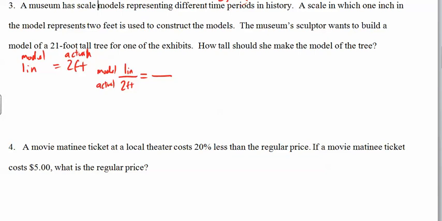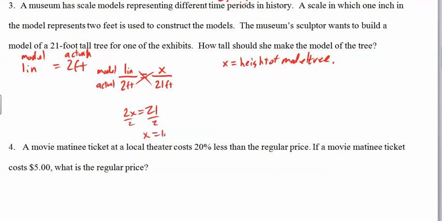All right, now the other information given to me is that I've got a 21-foot tall tree. And so the model of the tree, that would be x. So x equals the height of the model tree. Now we should be able to solve. We cross multiply, we get 2x equals 21, and then we divide both sides by 2, and x equals 10.5 inches.